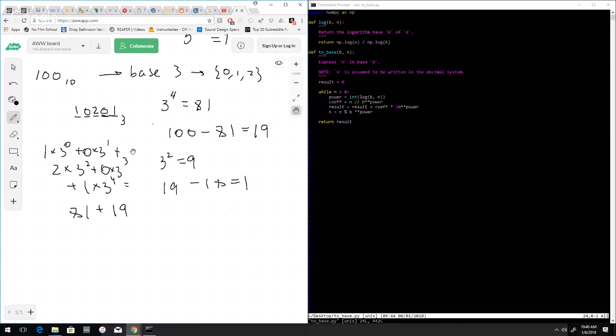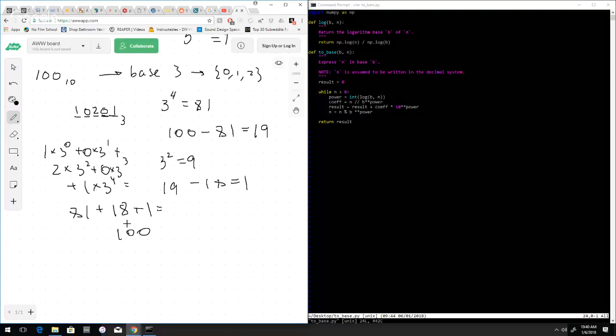So this is 81, plus 2 times 3 squared. That's 18. 9 times 2 is 18, plus 1 times 1. And this gives me 100, as expected.